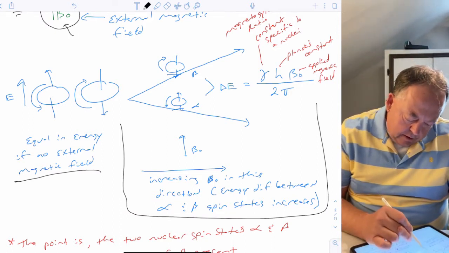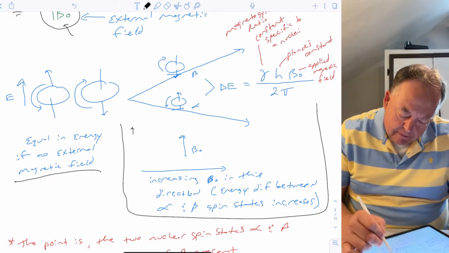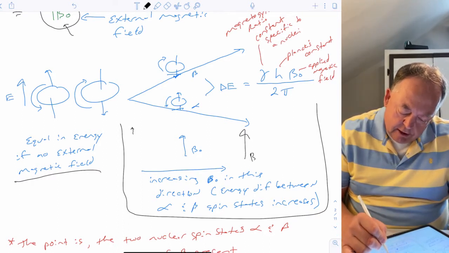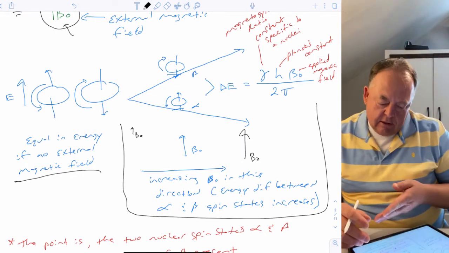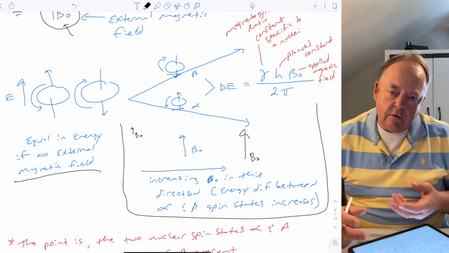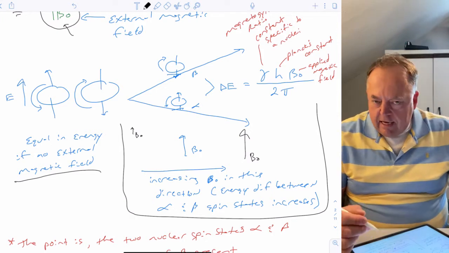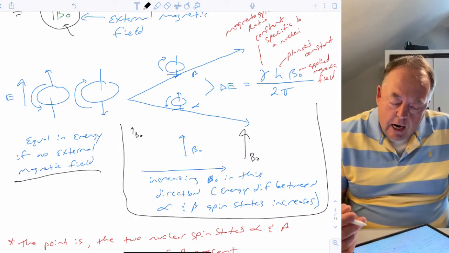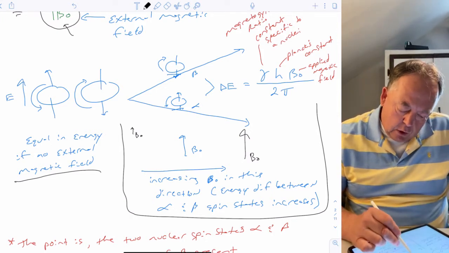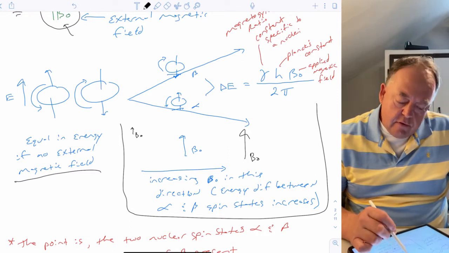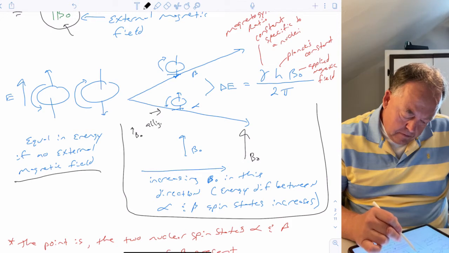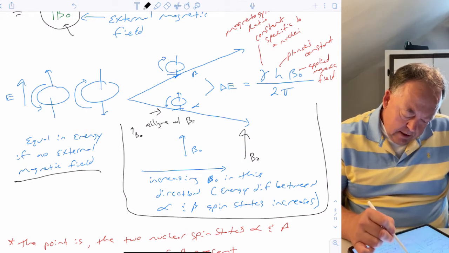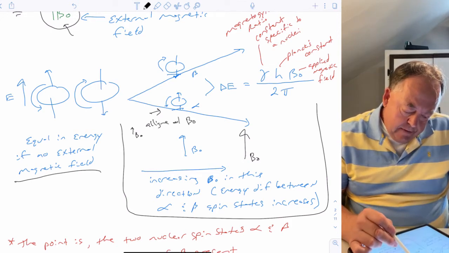Here it's a small external magnetic field, and here it's a large external magnetic field. As we move from left to right, the strength of the external magnetic field gets bigger. And now the two nuclear spin states are not equal in energy. It's lower in energy to be aligned with the field. So that's aligned with B, and this is aligned against B.